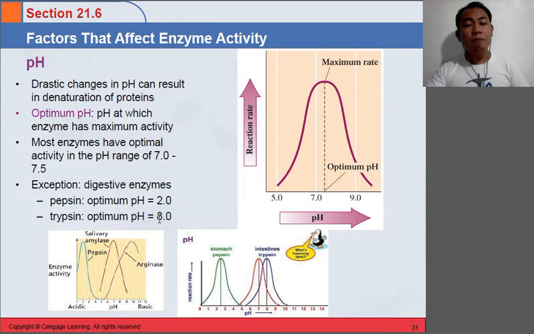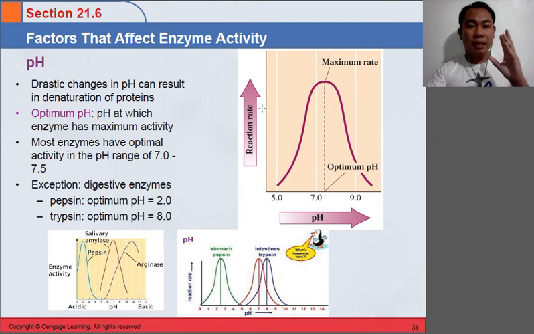So that means once the pH reaches its optimum, there will be maximum activity of the enzyme. And usually the optimal activity is in the pH range of 7 to 7.5 for the enzyme to be activated, except for these different digestive enzymes present in our stomach, the pepsin and the trypsin. Okay? Let's look at this illustration.